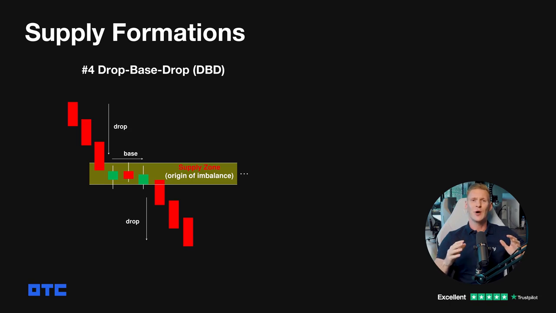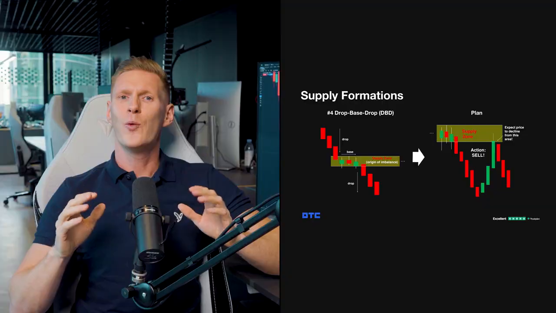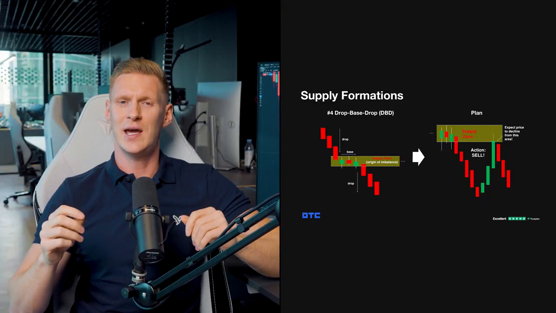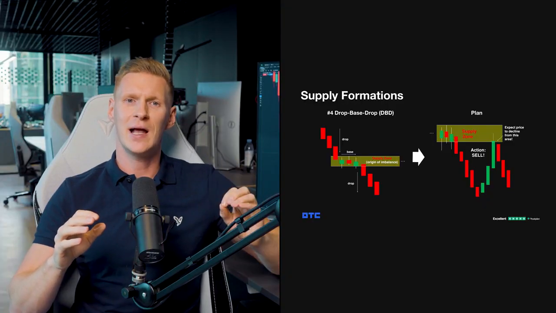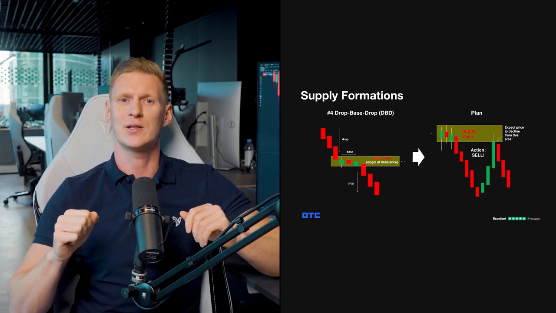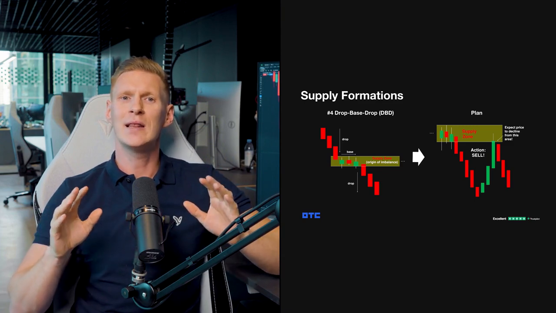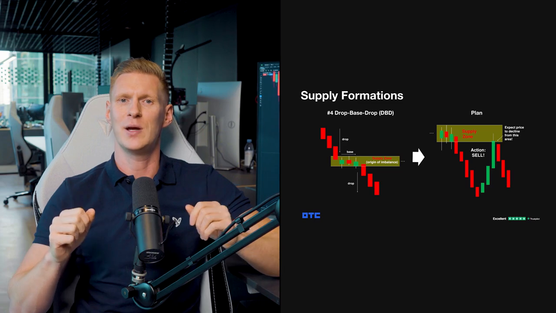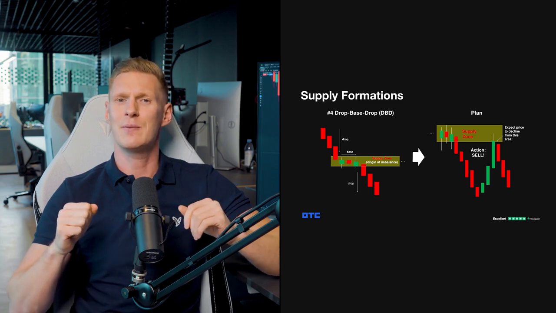Finally, we have the drop-based drop formation. After spotting the supply zone, we highlight the origin, draw 2 lines around it, and extend them forward. When price returns to this area, our plan is to sell at the base of the formation. Let's move on to a real-life example of supply formation to see how this works in practice.